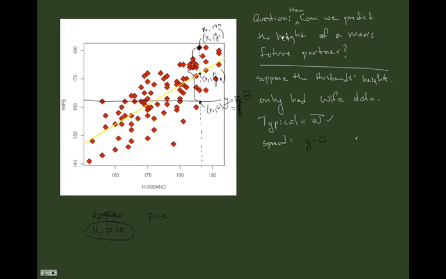I'll do w bar because I want you to really see that w bar is the average of the women's heights. So first of all, I'm looking at this first deviation. The first deviation is just the observed value minus w bar. That's the total deviation from the average up to the actual observed value.